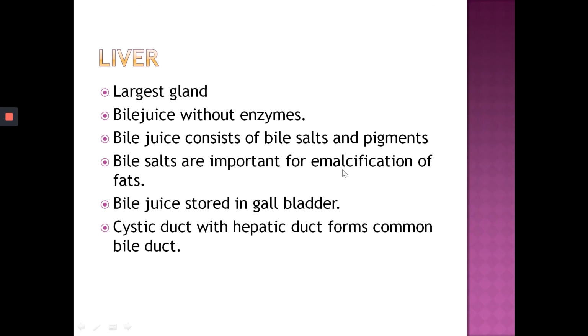For emulsification of fats, bile juice is necessary. If bile juice is absent, fats don't digest. We can't digest fats without bile juice. That is the importance of bile juice.